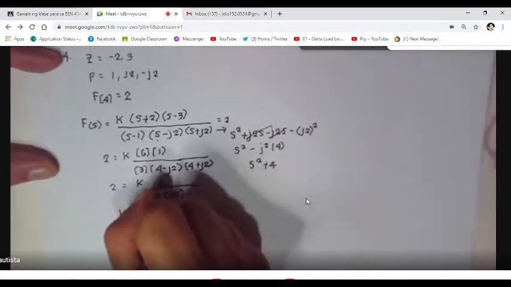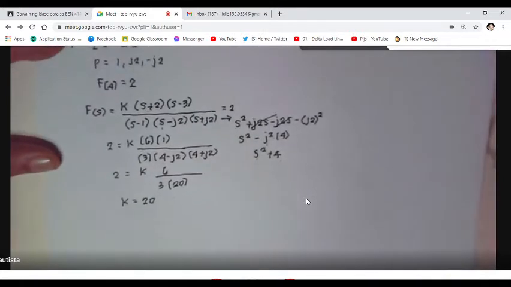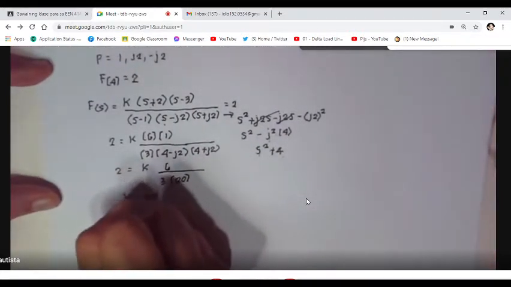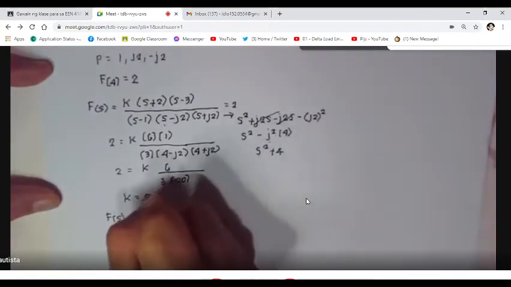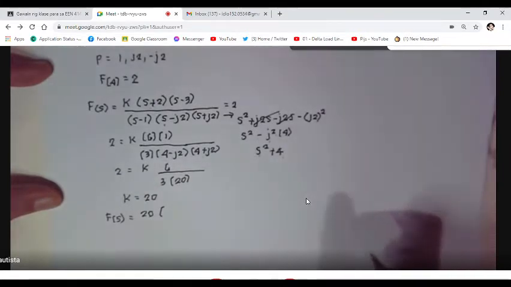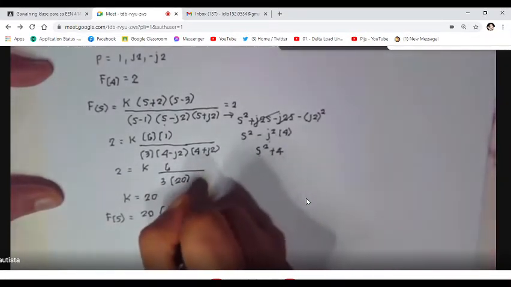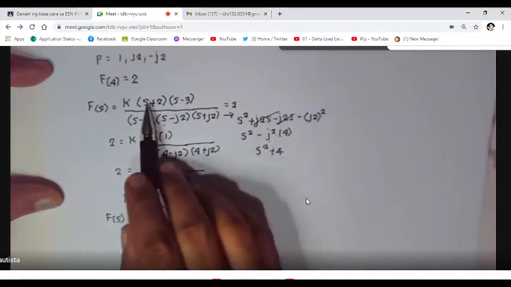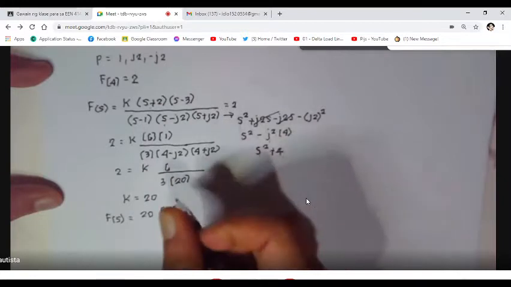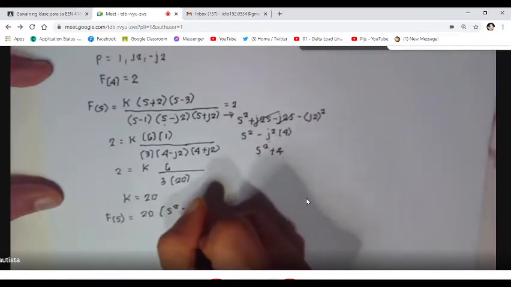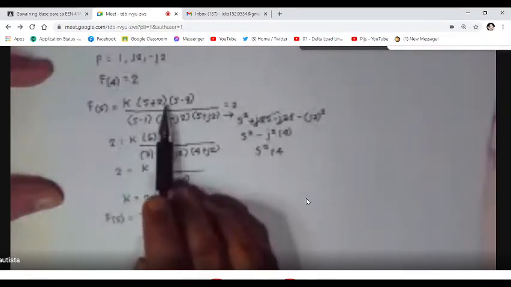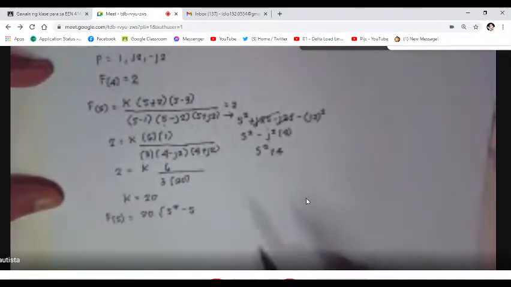So k is 20. The problem asks for the transfer function, so f of s is equal to 20 times (s squared minus 3s plus 2s minus 6), which is s squared minus s minus 6.